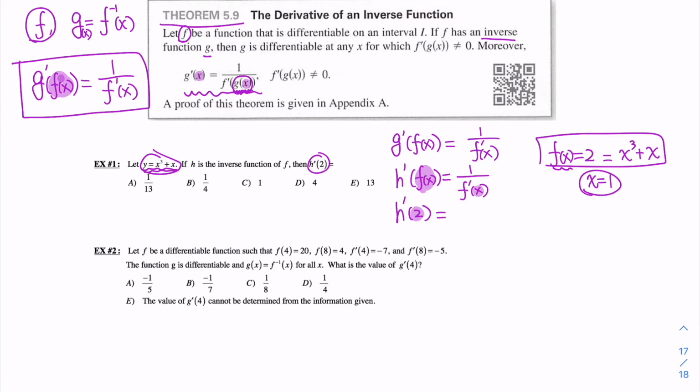So this equals 1 over f prime. We plug x equals 1 in. That gives us 1 over the derivative of y, which is 3x squared plus 1 at x equals 1. We plug x equals 1 in. This is 1 over 3 plus 1, which gives us 1/4. So the answer is B.